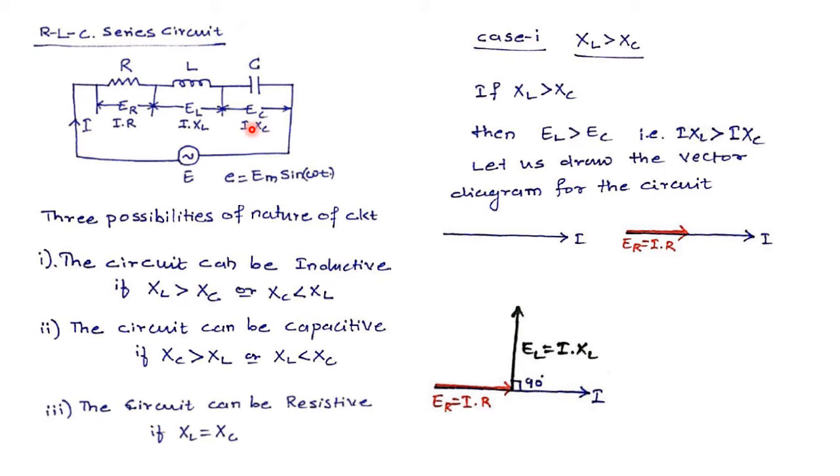Okay. Now with respect to the capacitor, we know the nature of a capacitor, the phasor relation in a capacitor is such that the current will be leading the voltage across the capacitor by an angle of 90 degrees. Now current I is already existing on the reference axis in the form of a vector. I need to fix the voltage vector of the capacitor, that is EC, which will be lagging behind the current I by an angle of 90 degrees, because in a capacitor the current I has to lead the voltage across it by 90 degrees.